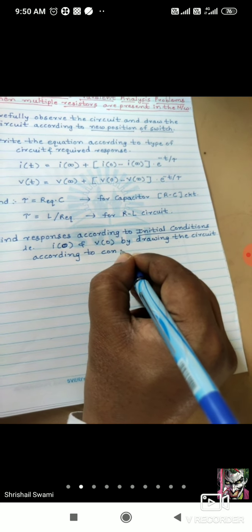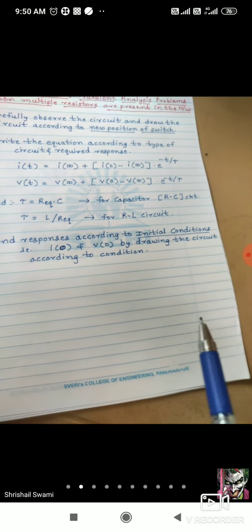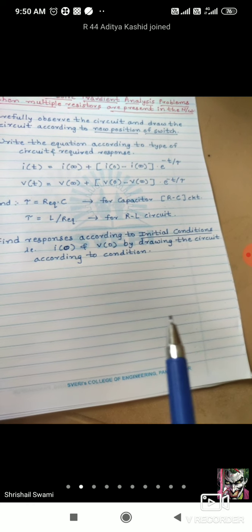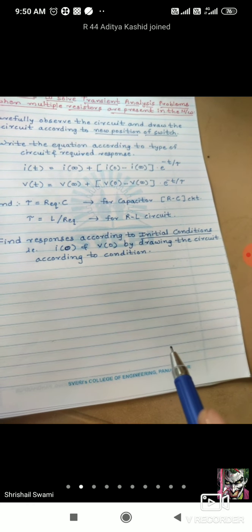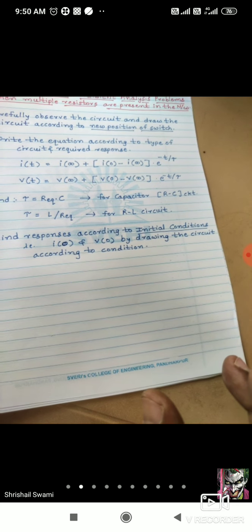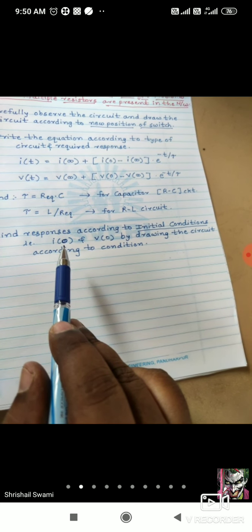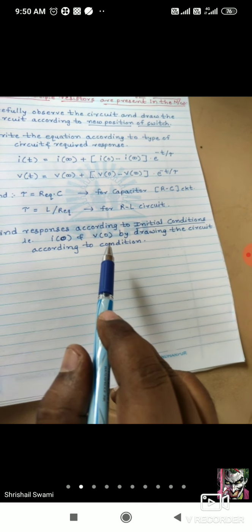You have to draw the diagram, meaning inductor is shorted, inductor is open, capacitor is shorted, capacitor is open. So according to that you can make changes in the diagram, and after making the changes you can find out the initial values, that is I of 0 or V of 0.